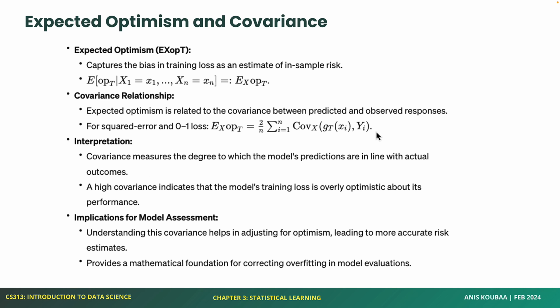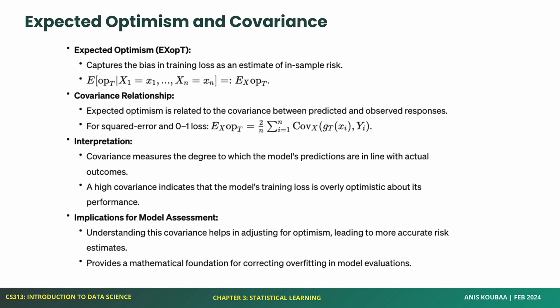High covariance means they are very close to each other, the predicted values are very close to the real values. If this is for the training data, the in-sample data, what does it mean? We might have overfitting because it's very related. The covariance between two variables measures how much they are related with each other.